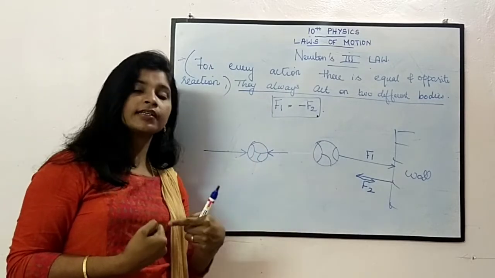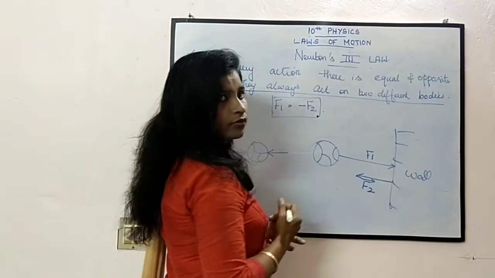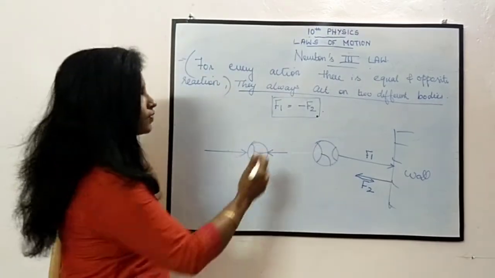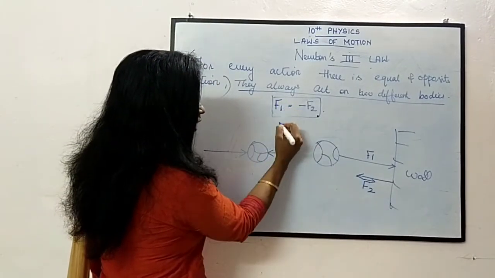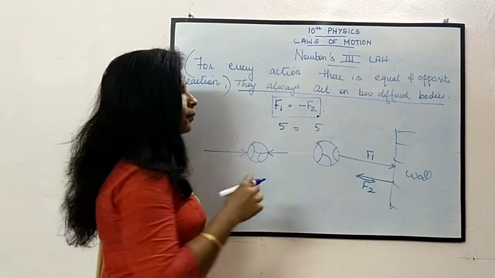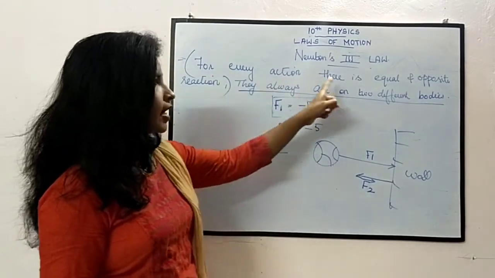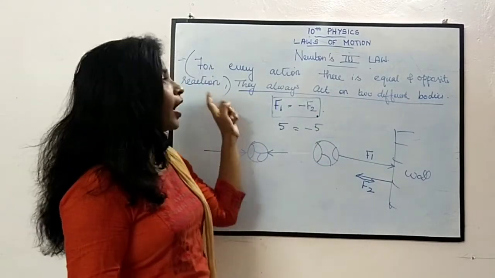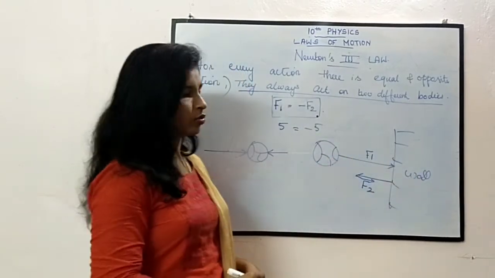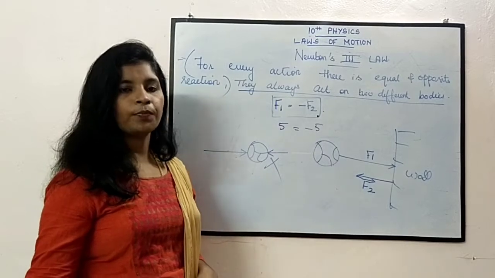Because of the force exerted by his head on your hand. So the ball is exerting a force on the wall and the wall is exerting a force on the ball. Both these forces will be equal. If you take 5 newtons, then both forces will definitely be 5 newtons, but opposite in direction. So for every action there is an equal and opposite reaction, and they act on two different bodies, not like this one. Hope you have understood this.